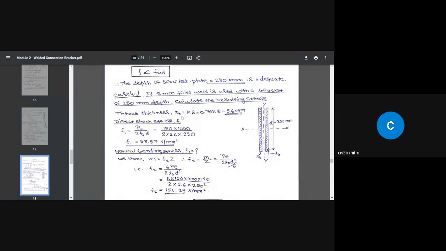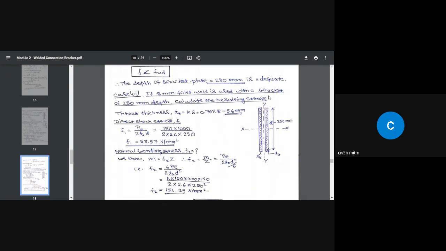So thickness of the throat is given by 0.7 times 8, where 8 is the weld size. That is equal to 5.6 millimeter. Now, what is the direct shear stress in the weld? F1 equal to Pu by 2 t d. So 5.6, D is 250 millimeter, that is given in the problem.